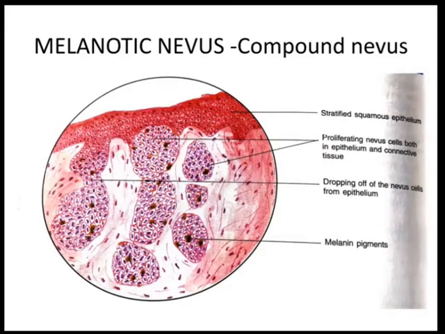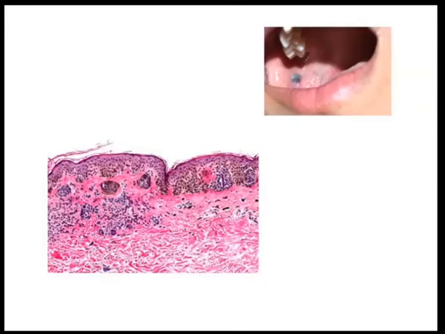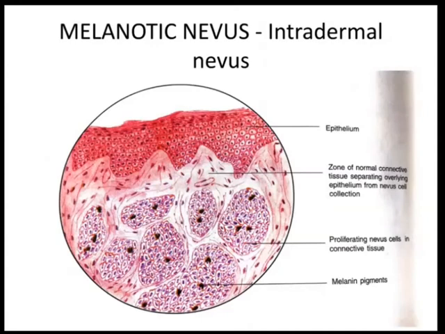The brown color pigmentation is seen, which is melanin pigment. So above right side corner is a clinical pic, and below is a histopathological pic in which you can see melanin pigmented proliferating nevus cells both in the epithelium as well as in the connective tissue.